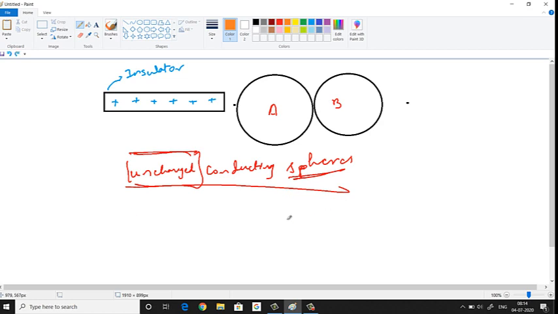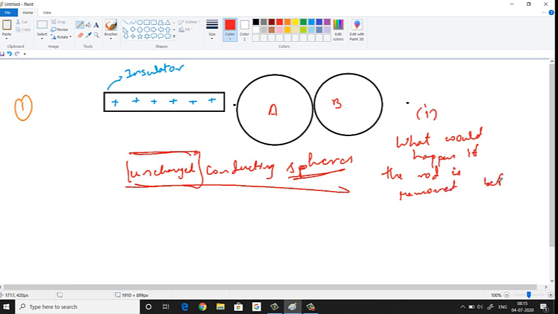Anyway, what is the question? Here the first question is, what would happen if the rod is removed before the spheres are separated? What is the meaning of this question?